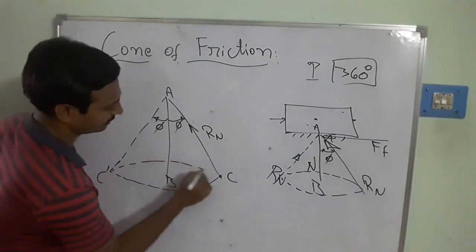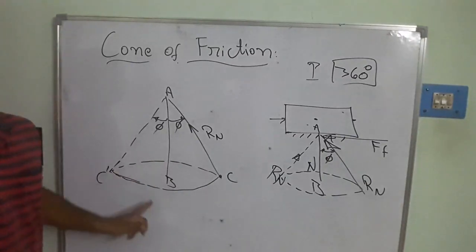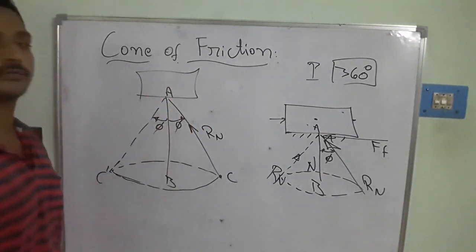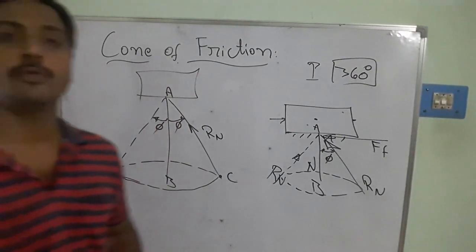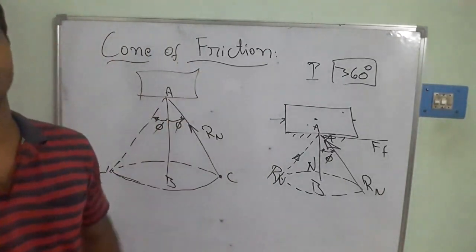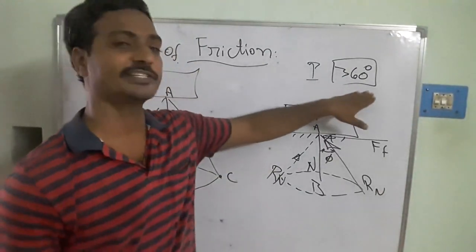Join here. So this is called the cone of friction. Here is your body. I hope you are able to understand. That is called the cone of friction when we apply the force in the 360-degree directions.